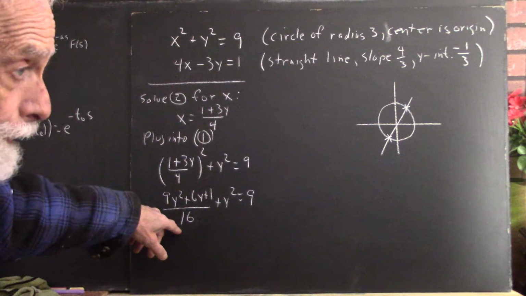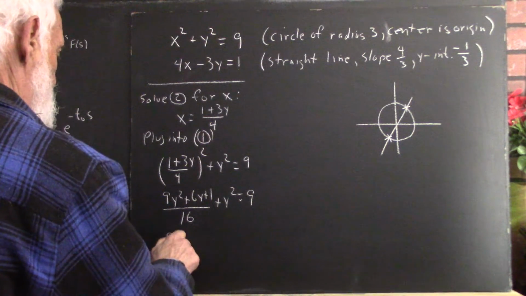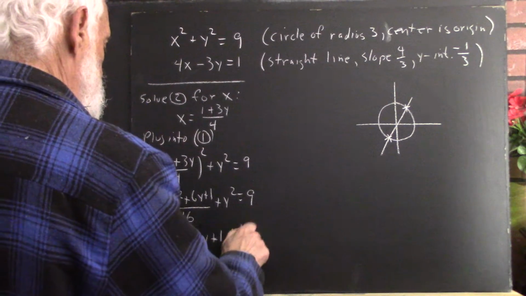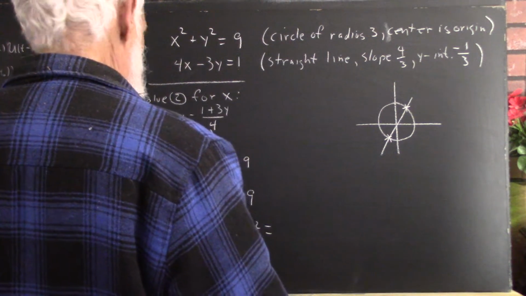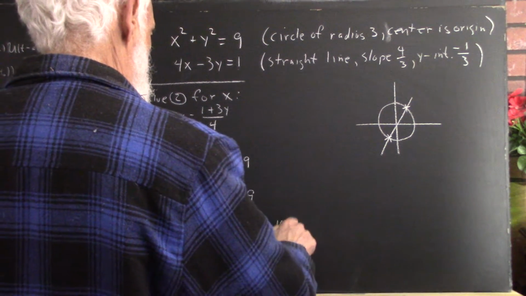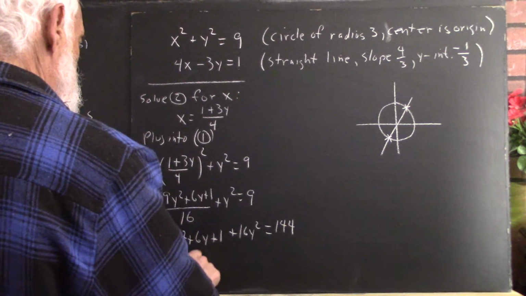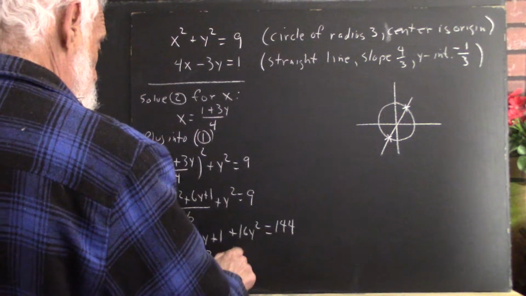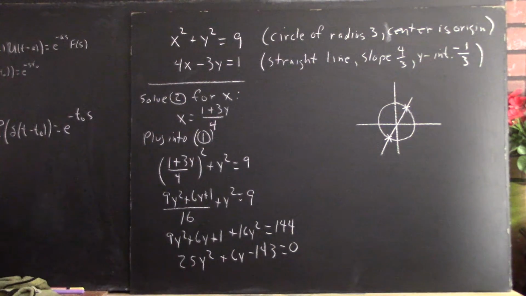Squaring the denominator, we get 16. We multiply both sides by 16. And 16 times 9 is 144. So now we have 25y squared plus 6y minus 143 equals 0.